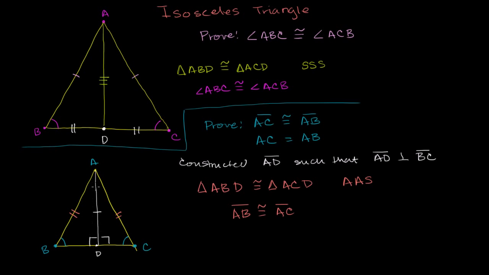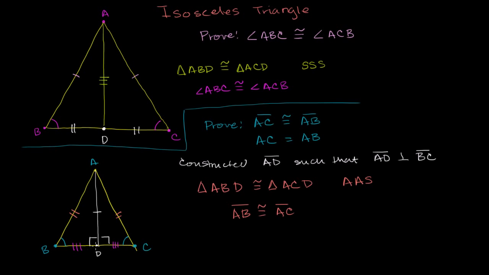And in case you're curious, for this specific isosceles triangle, over here we set up D so it was the midpoint. Over here we set up D so it went directly below A. We didn't say whether it was the midpoint, but here we can actually show that it is the midpoint, just as a little bit of a bonus result, because we know that since these two triangles are congruent, BD is going to be congruent to DC because they are the corresponding sides.